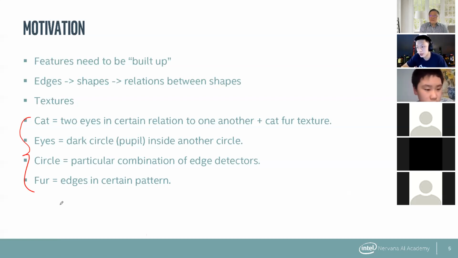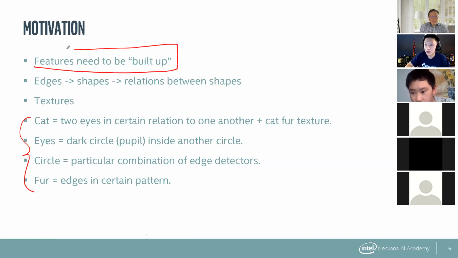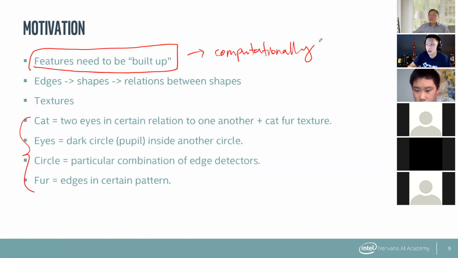Sometimes we overlook obvious features that we should be using, and we don't actually choose them. What if we could use a computer to build up these features? This is the idea: features need to be built up, and we want to do this computationally. How do we do this?